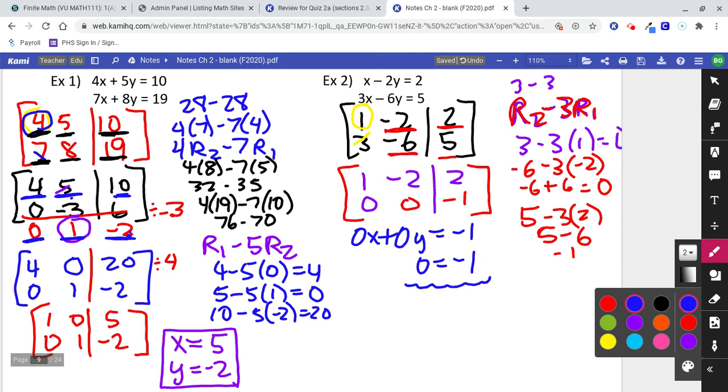That's mathematical nonsense, right? What does mathematical nonsense tell you? This one will have no solution. If I graphed the two lines, what would I see? The two lines would be parallel, right? No solution. They wouldn't cross. They wouldn't have any intersection. Okay, so this one is no solution.